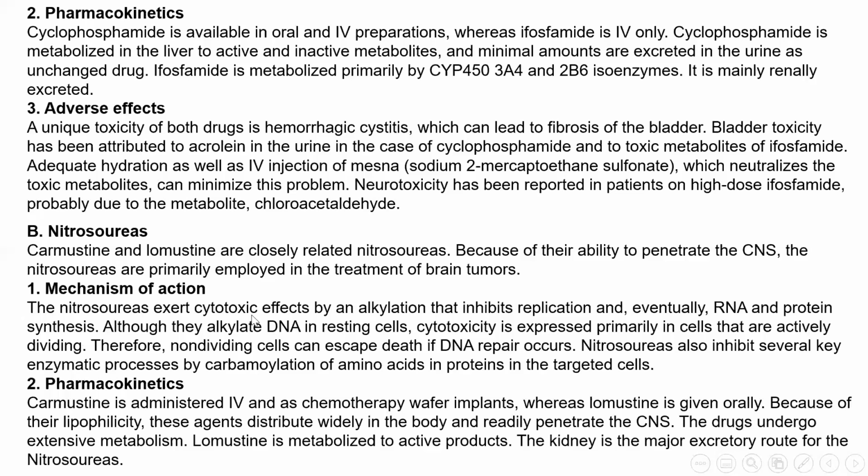Nitrosoureas exert their cytotoxic effect by alkylation, and this alkylating effect inhibits replication, and RNA and protein generation. Alkylation of DNA inhibits transcription of DNA to RNA, and this inhibits translation of RNA to proteins.